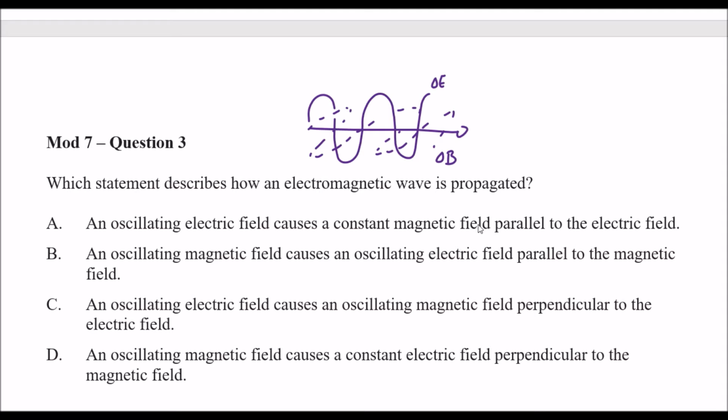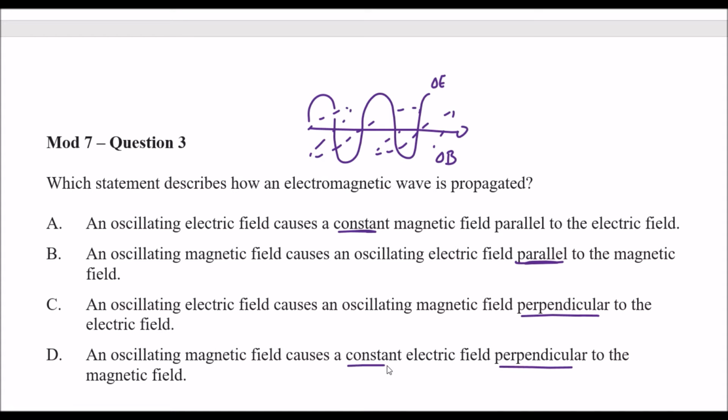So it definitely can't be A because it says constant. An oscillating magnetic field causes an oscillating electric field parallel. It can't be parallel, so we're looking at the keyword perpendicular.